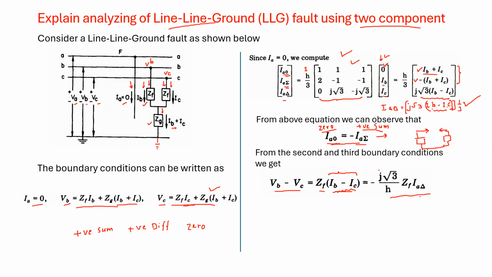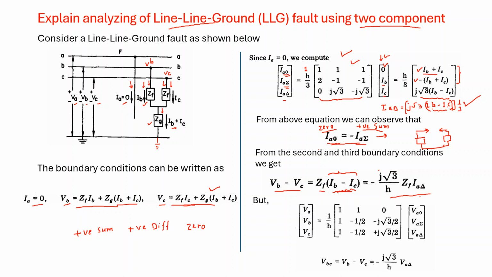Okay, but this is the two component model of voltage, and here also you can take H is equal to 1. Here you have the phase voltages VA, VB, VC, and here we have the sequence components, and from this equation, if you do VB minus VC, second row minus third row, then we will get this equation.